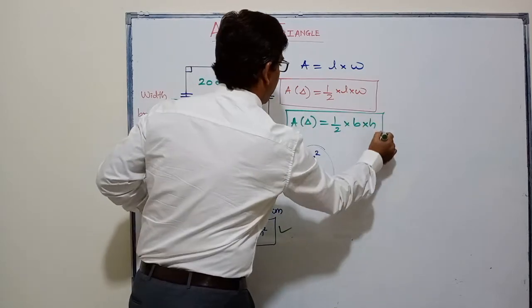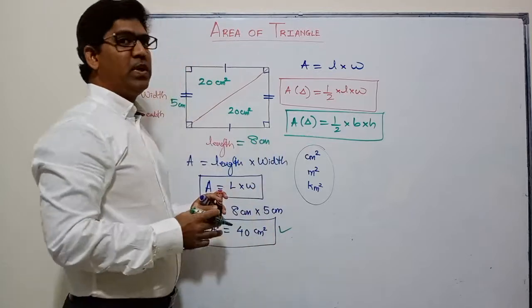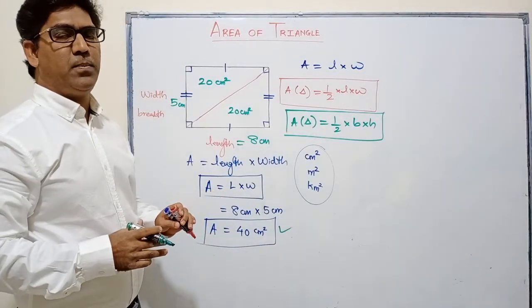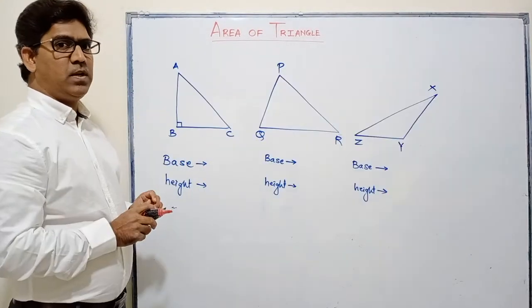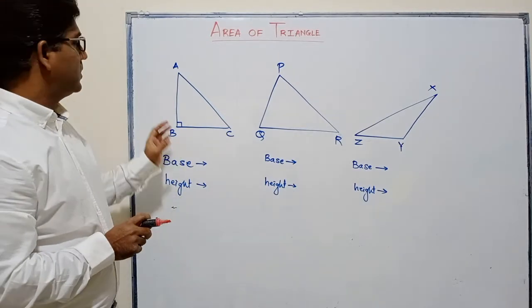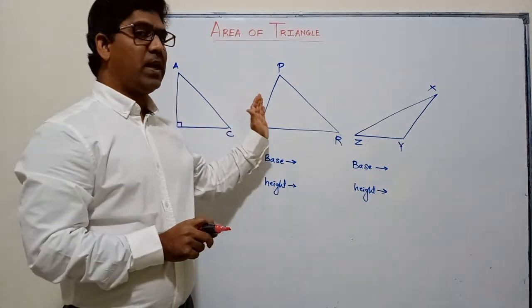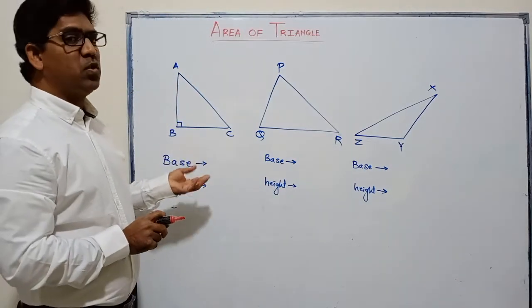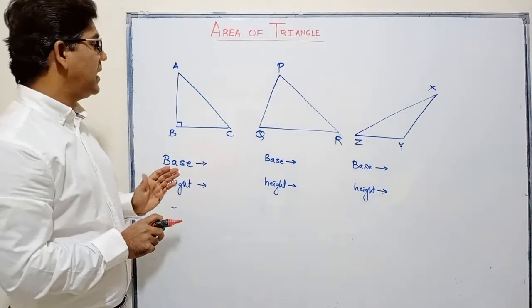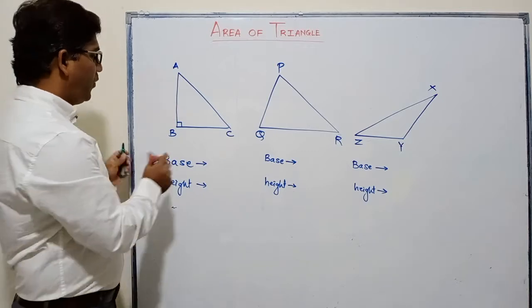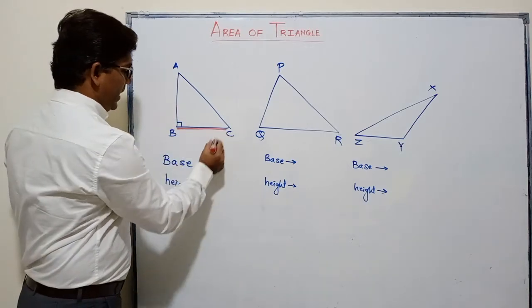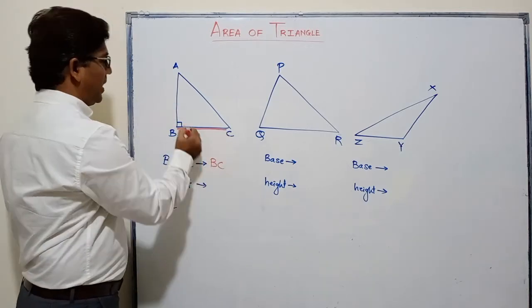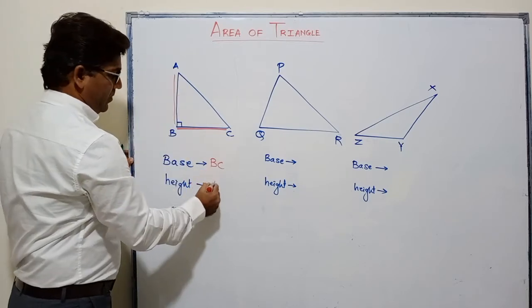Now, let's have a look at the different types of triangle. Here we have three different triangles, a right triangle, an acute triangle and an obtuse triangle. We will see in each case which one is the base and which one is the height. Now the right triangle, if I take BC as the base, my height will be AB.